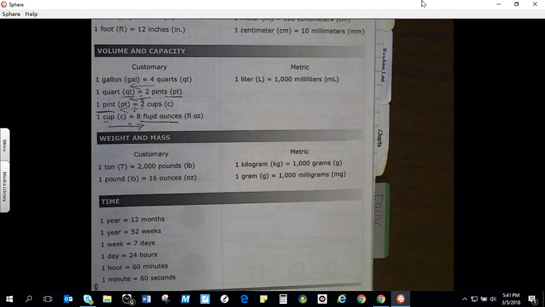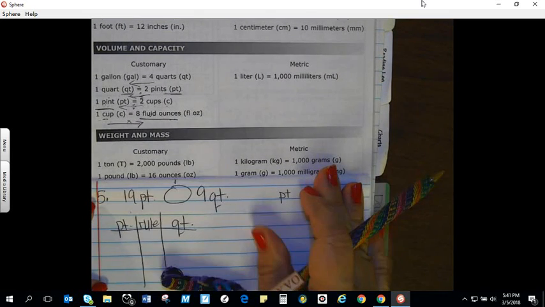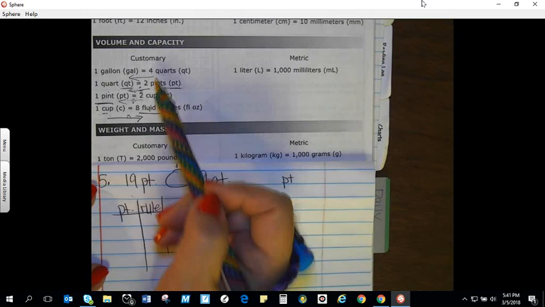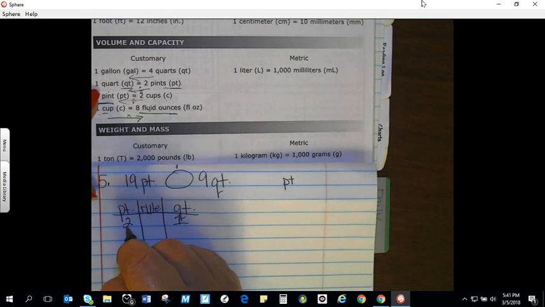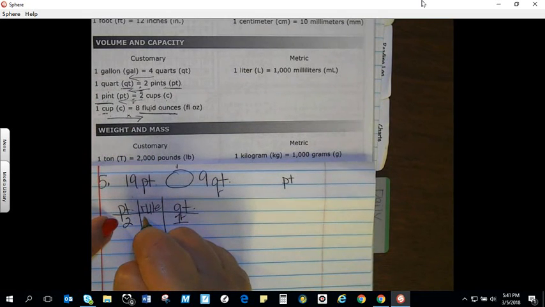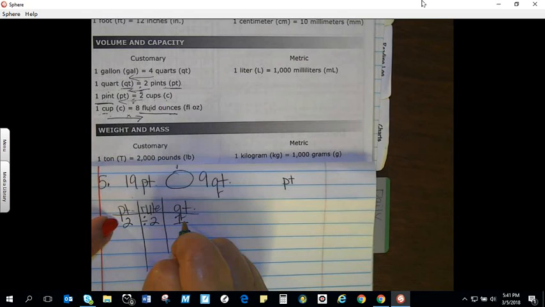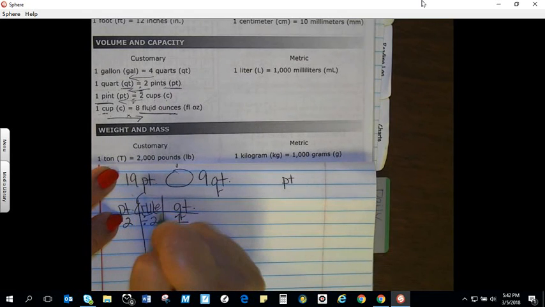See if you can see this a little quicker. If you forgot this, this is in your agenda book so that you can follow along. So for every 2 pints, it's equal to 1 quart. My rule is, well, I got to divide because I'm going 2 divided by 2 equals 1. So this is my rule. It's now set.